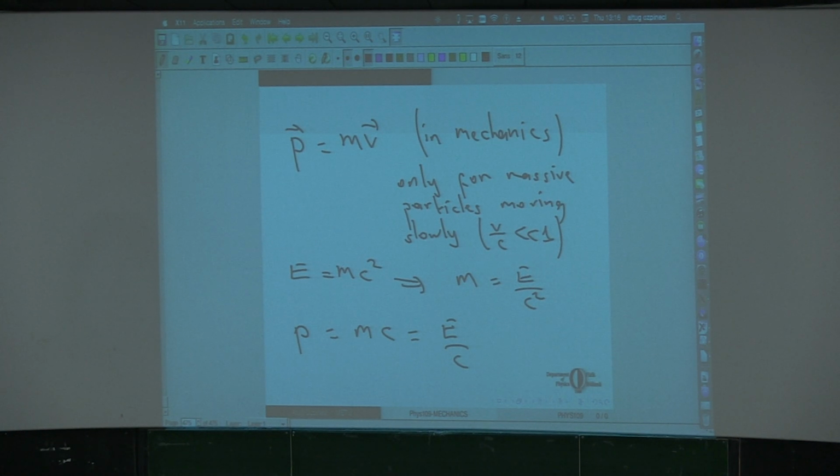Similarly, the momentum density will be, you see, the flow of energy, or let's write it in this way. This is kind of the flow of energy: E times c, energy times the speed. Well, the flow of energy is described by the Poynting vector.